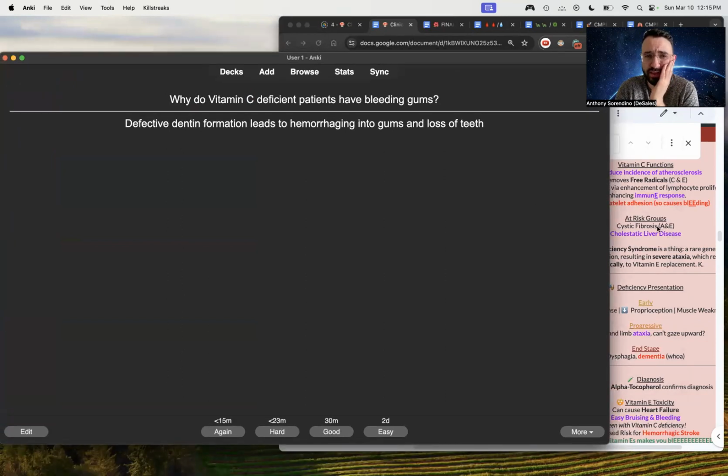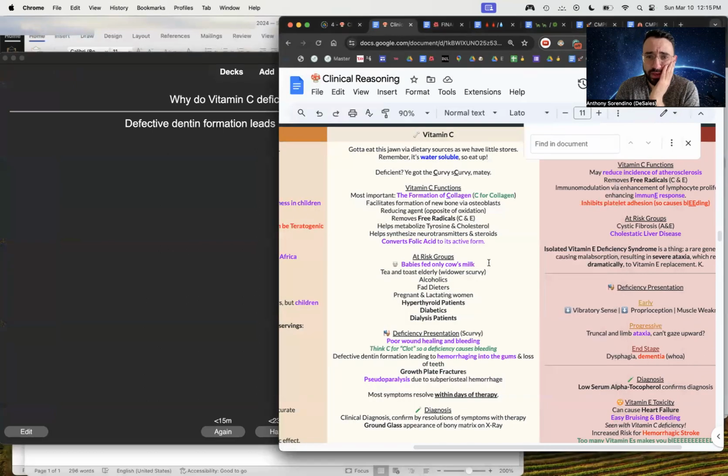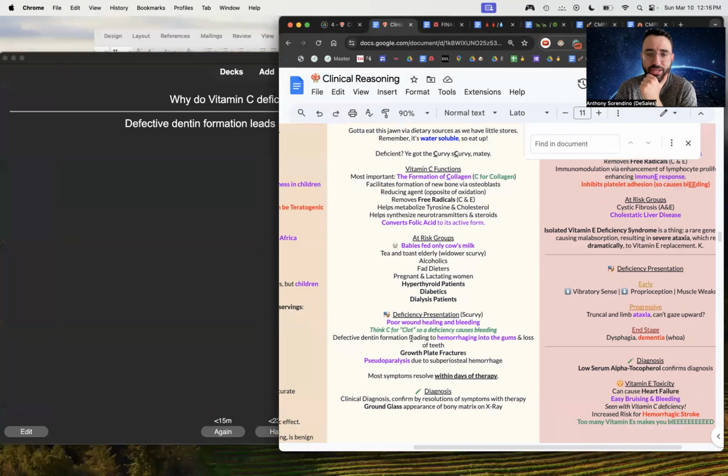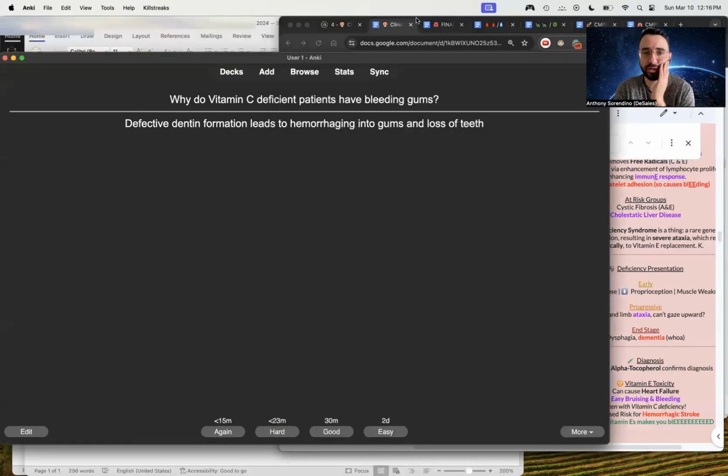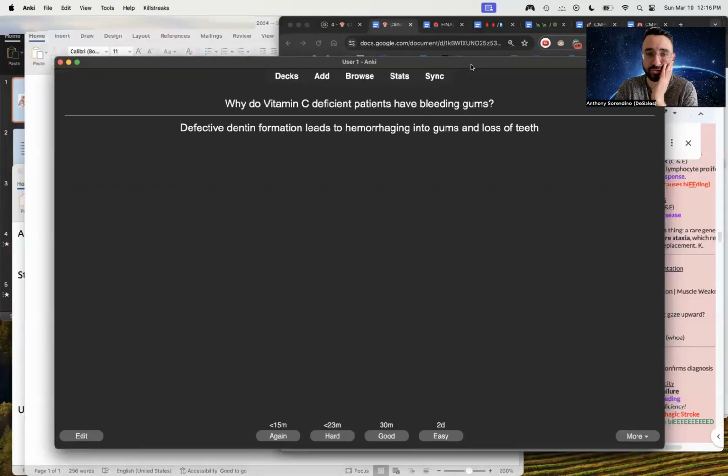So it's more of the bone weakness, we're gonna get there. So it's the collagen issue. And I guess it's because there's no bone, it just gets down to the vasculature. That's here, yeah, defective dentin formation. So not really a platelet or coagulation factor issue. Okay.